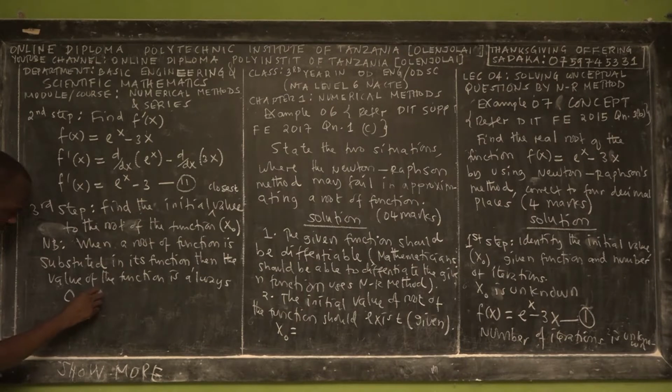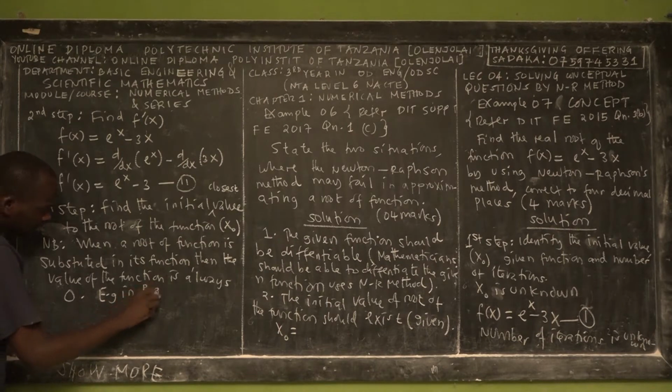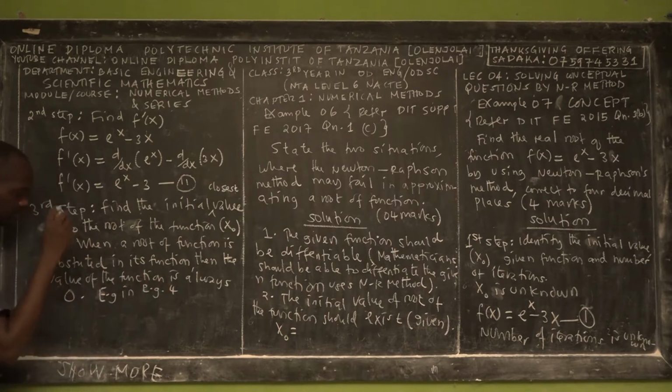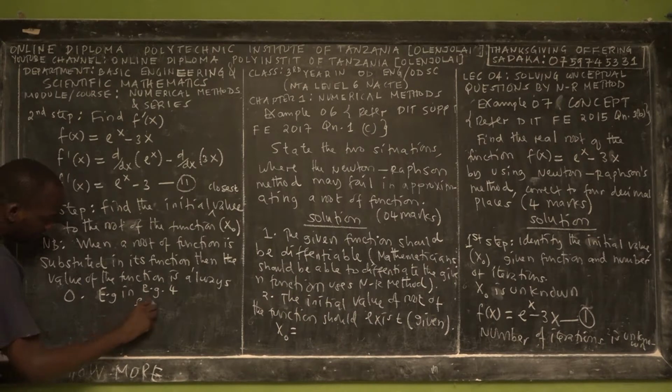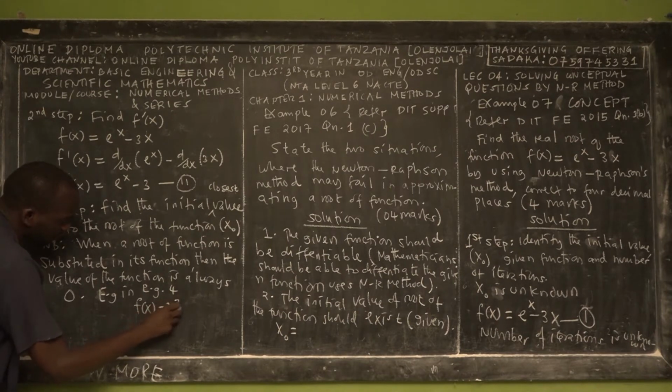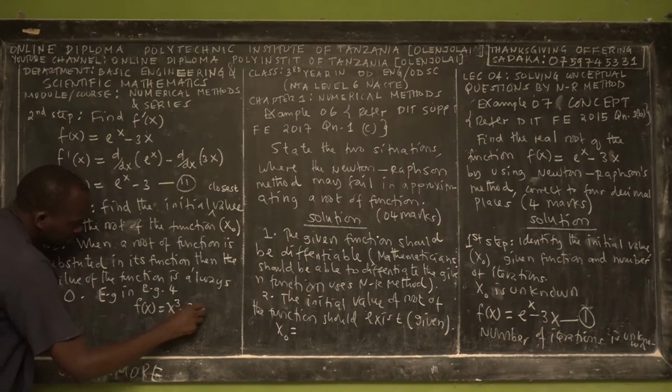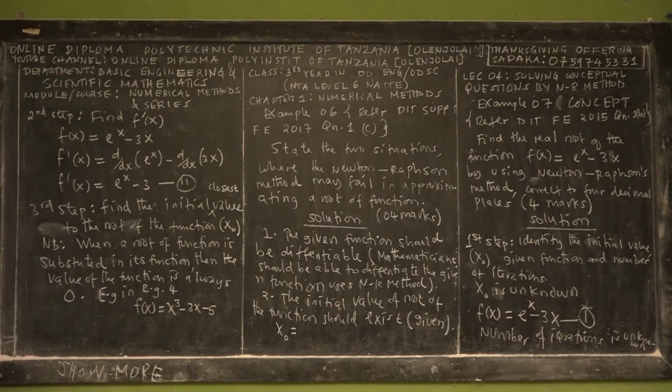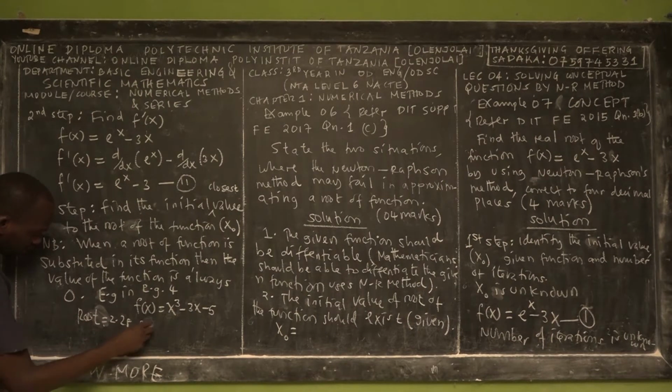Let me give you a live example. In example 4, we had a function f of x is equal to x cubed minus 3x minus 5. Did we find the root? Yes, the root of this function is 2.28. What if we substitute in this function?